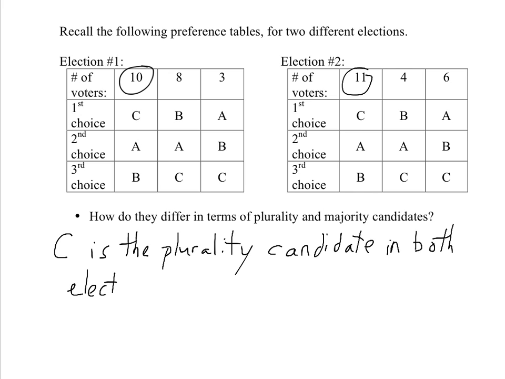How about majority candidates? Well, to think about majority candidates, the first thing you always have to do is ask how many first-choice votes are required to be a majority candidate, and that is always the smallest whole number greater than half the total number of voters.